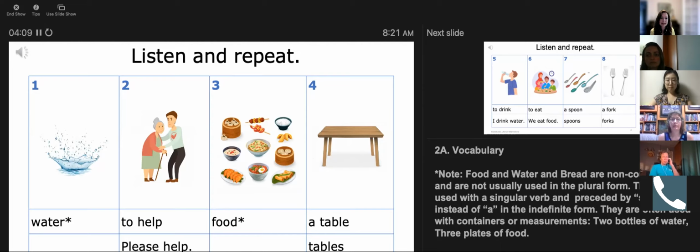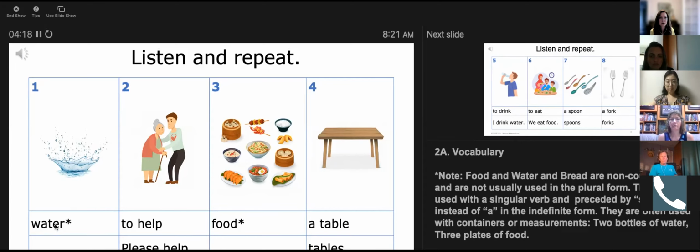And as we get later into the lessons, we'll go more involved in those. But also in case you have students who ask, well, why don't we say waters? You can let them know water is usually used with a container. We say a bottle of water, or a cup of water, or a gallon of water, because that's a non-count noun.